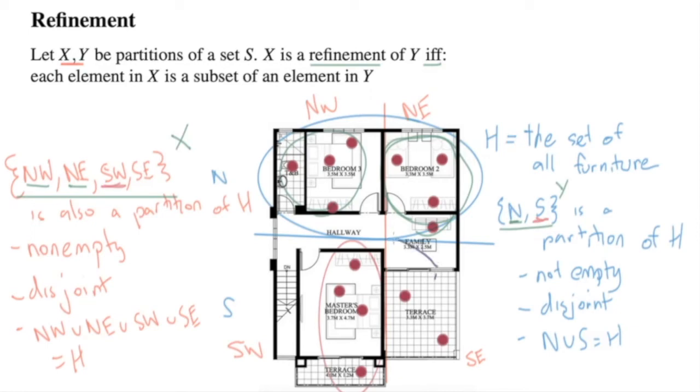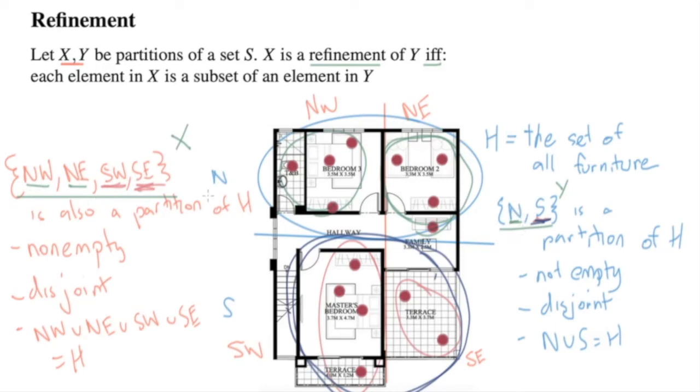So the set south is this set of furniture items here in the southern half of the house. Okay, so southwest is a subset of south. Likewise, southeast, which is this set here, is a subset of south as well. Okay, so it seems that every element in this partition is a subset of an element in this partition.